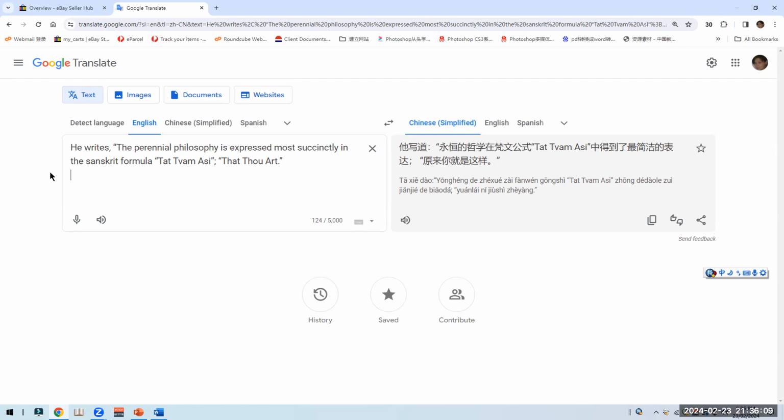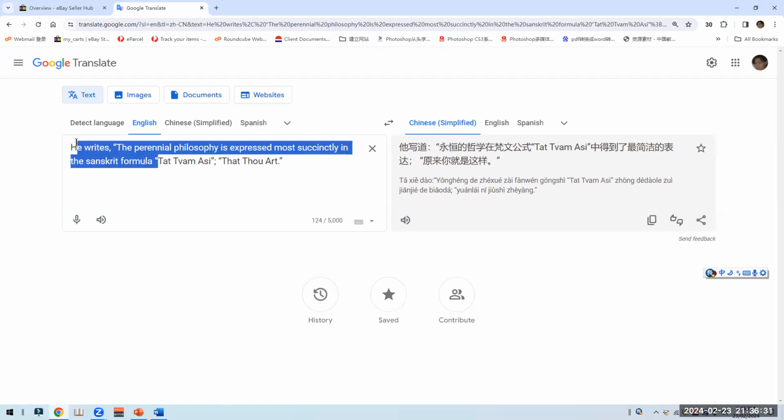Expressed in the Sanskrit formula, meaning it is expressed in Sanskrit as tat tvam asi, that thou art. Expressed as these Sanskrit words. Yes, perfect.